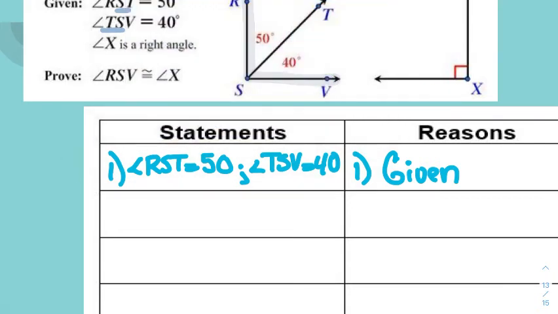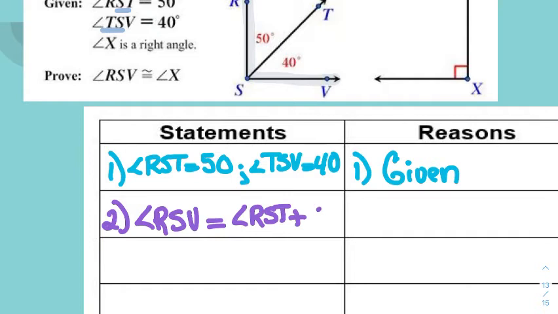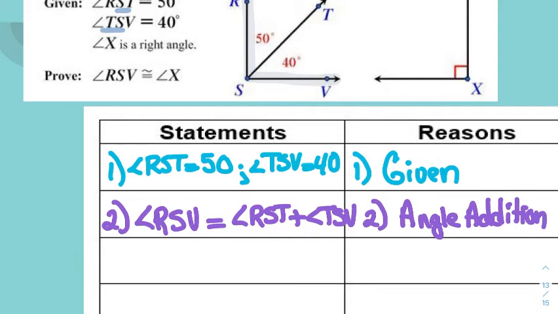So we could say angle RSV would actually be equal to the angle RST plus angle TSV. Okay, so that's the statement, and that's actually angle addition, when we have an adjacent angle, because we've already determined we can see that we have that.